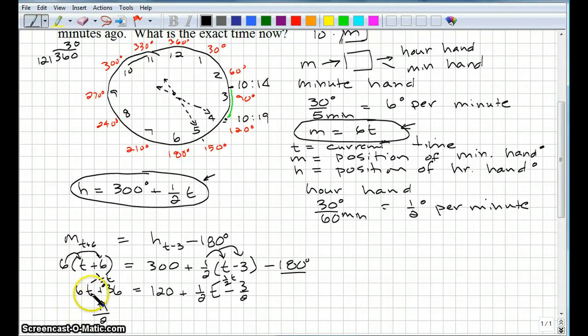So that's 12/2 minus 1/2, 11/2 t. I'm going to subtract 36 over here too, and subtract 36 here. Okay, so here the t is gone, so we have 120 minus 36 should be 84, right? And then we have this minus 3/2 here too.